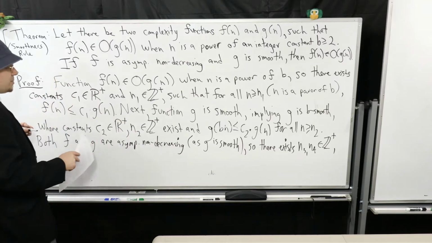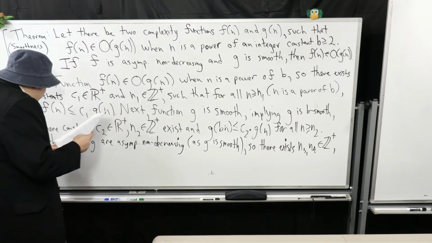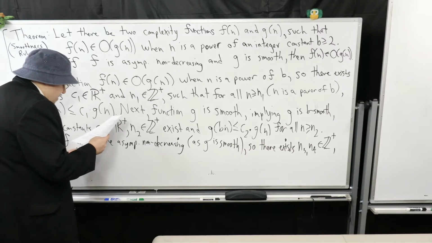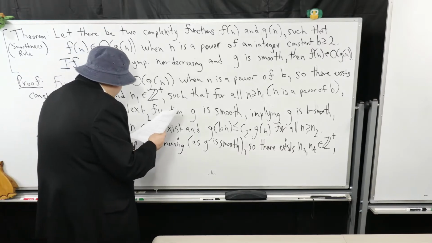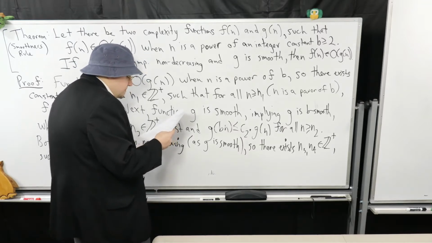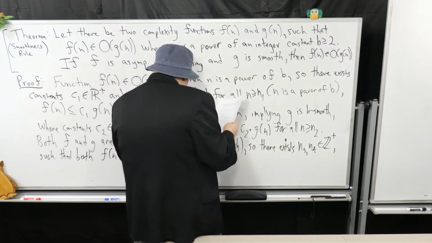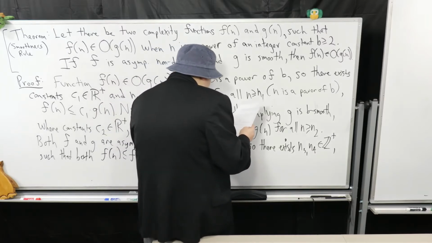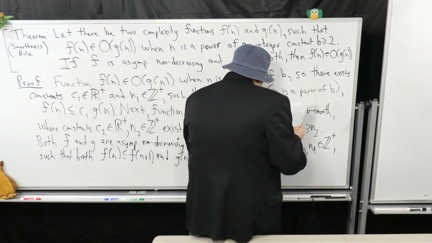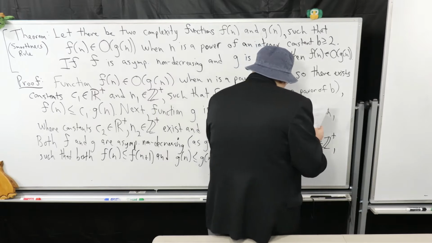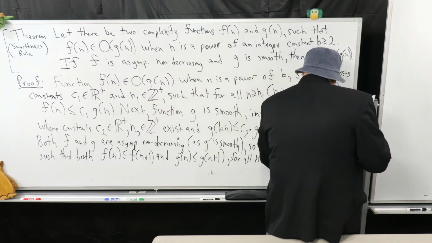So there exist n3 and n4 such that both f of n is less than or equal to f of n plus 1, and g of n is less than or equal to g of n plus 1, for all n greater than or equal to n3 and n greater than or equal to n4, respectively.